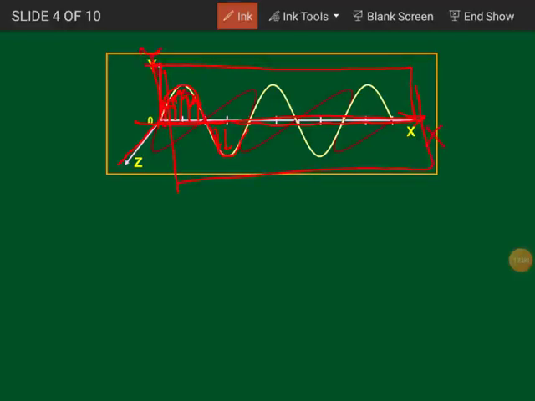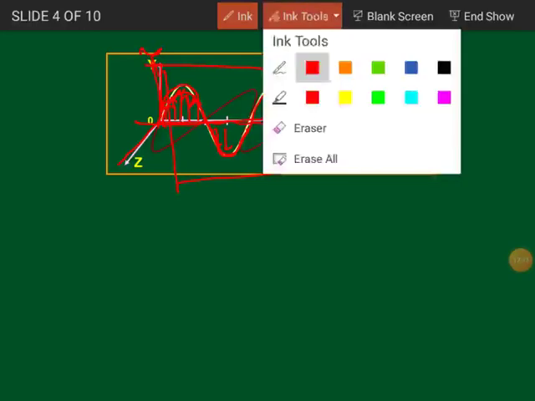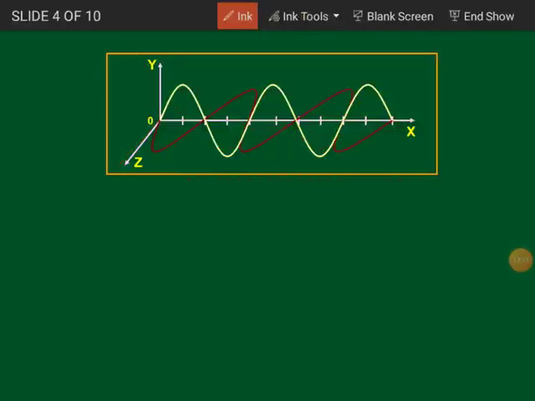So the electric field is varying with time on this xy plane. And the magnetic field is varying along this plane, which is known as the xz plane. X here, z here. So the magnetic field is varying here like this, in this plane itself.